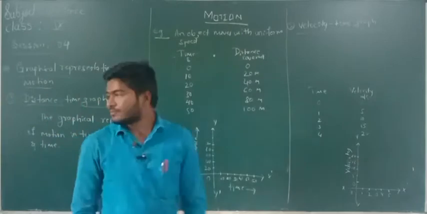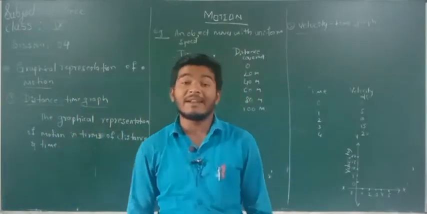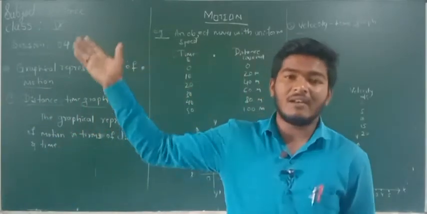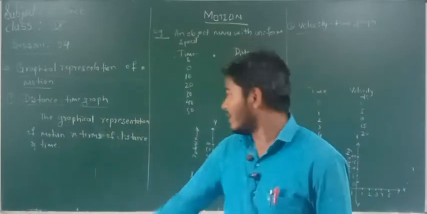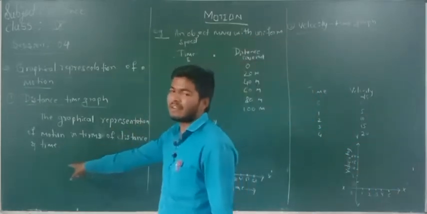What is a distance time graph? It is nothing but the graphical representation of motion in terms of distance and time.